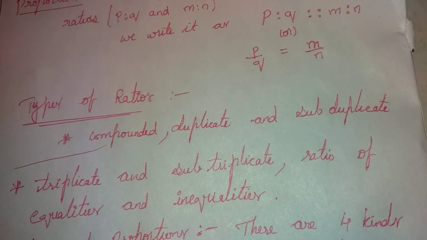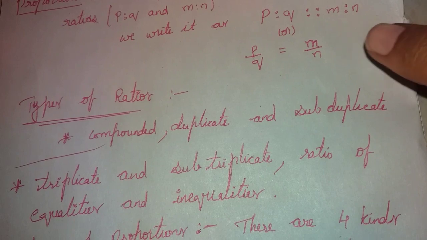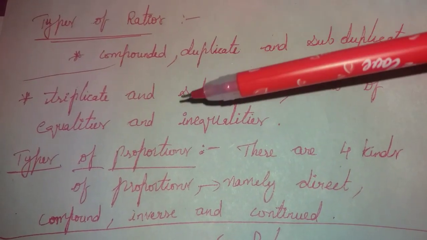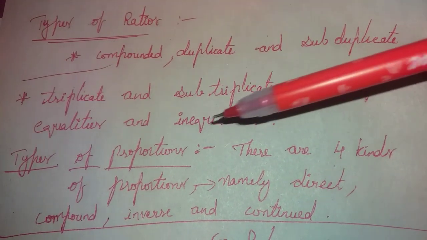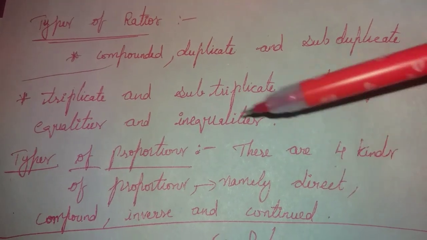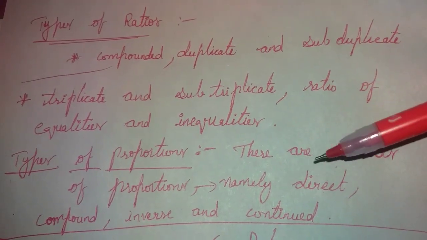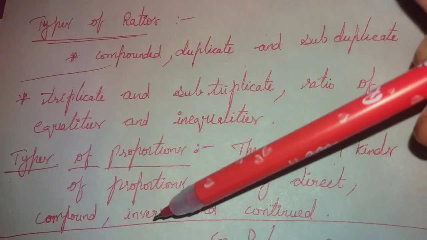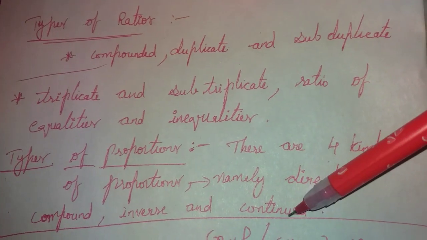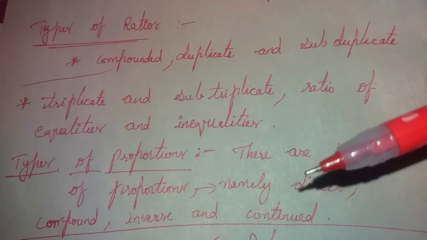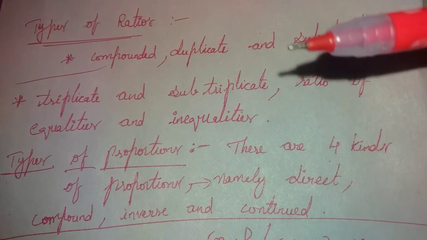Now coming to types of proportions. There are 4 types of proportions, namely direct, compound, inverse and continued.